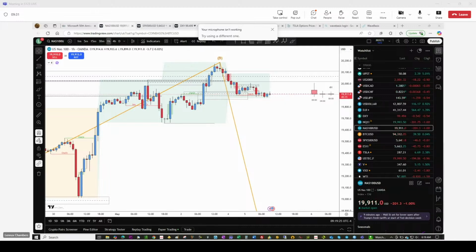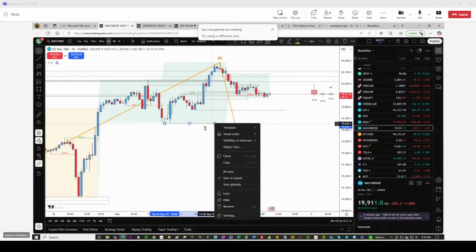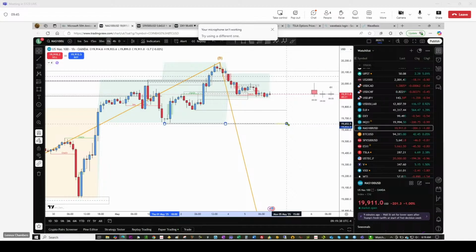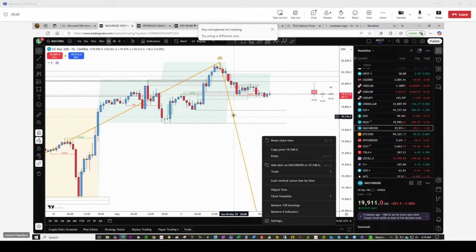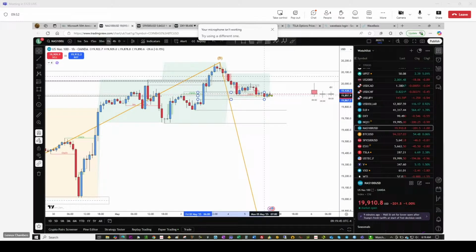So I'm going to mark these off. Okay, I've got a gap here. I'm inside that gap. This is an hourly gap that I'm in. 30-minute.